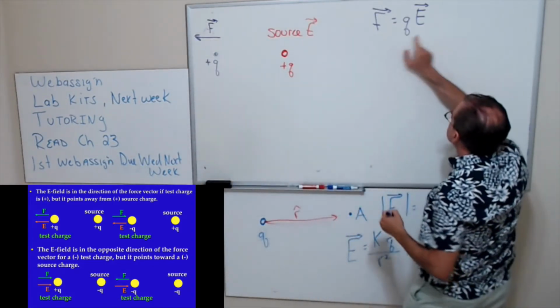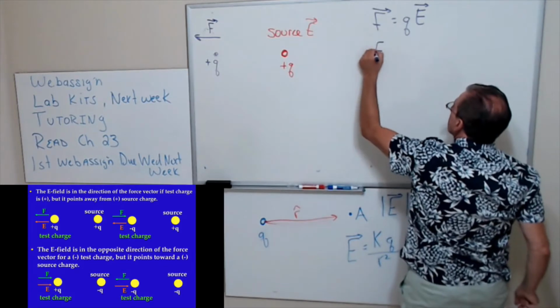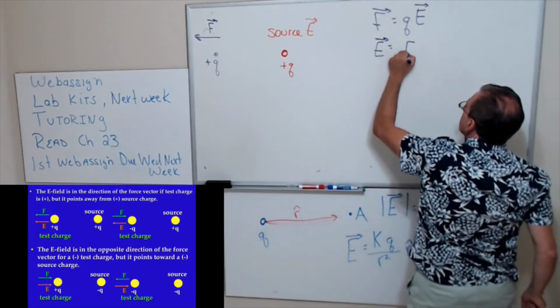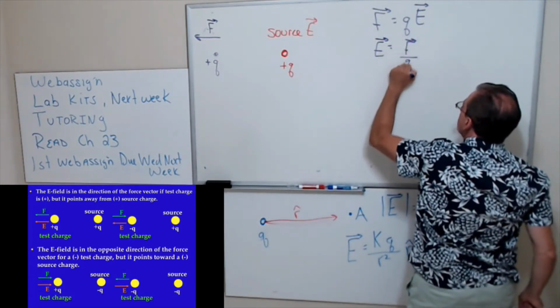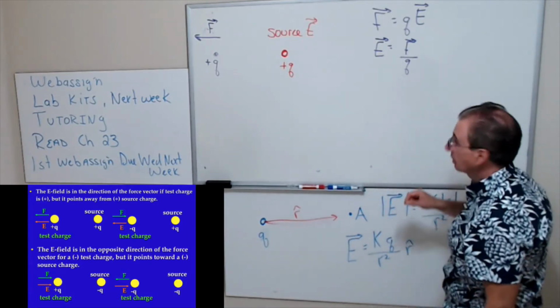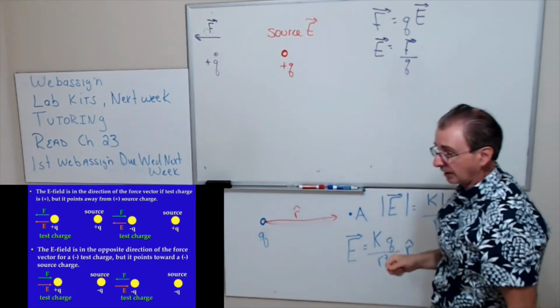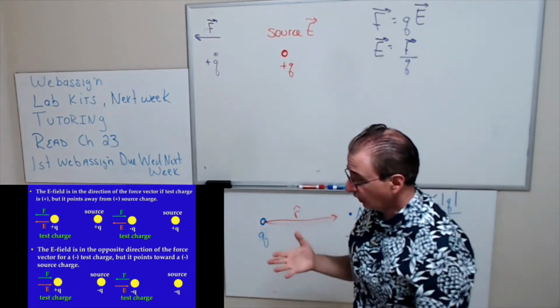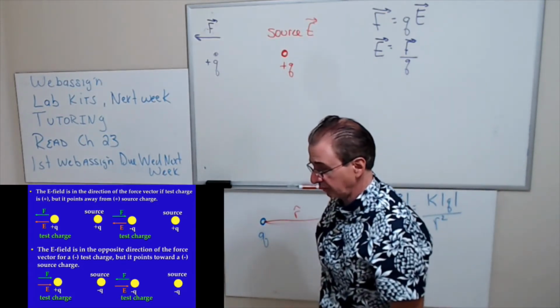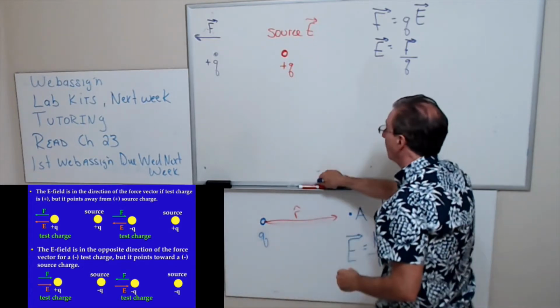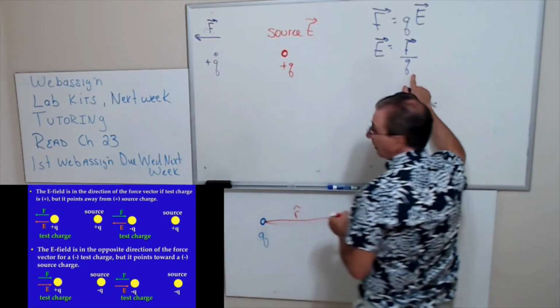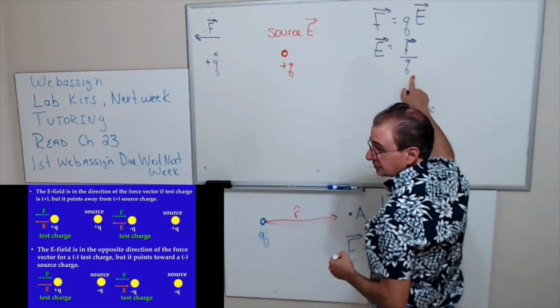Well, if force is Q times E, E is the force over Q. So if I take the force, which points to the left, and divide by a positive number, which way is the field going to point? It's going to point to the left. Because if I divide by a positive number, that ain't going to change the direction of the vector.